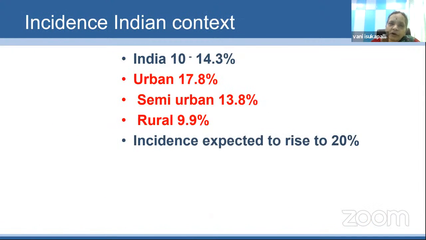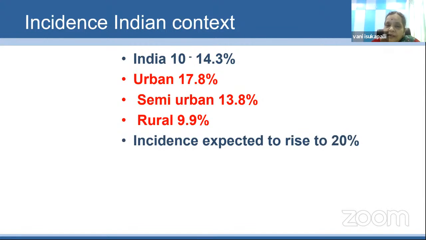If we look into the Indian context, here also there's a wide variability, anywhere between 10 to 14.3%. So that is the average statistics. But if we look into the urban population, it is as high as 17.8%.